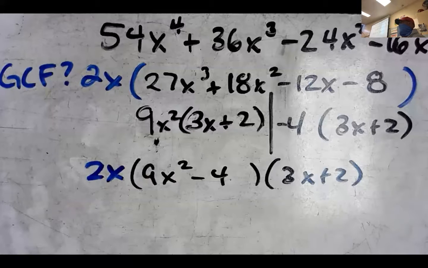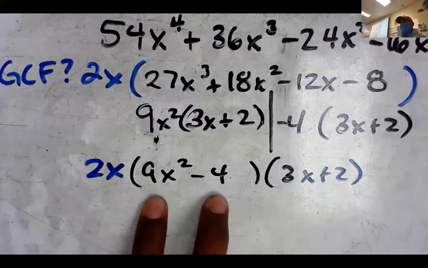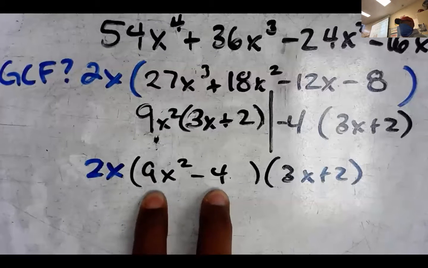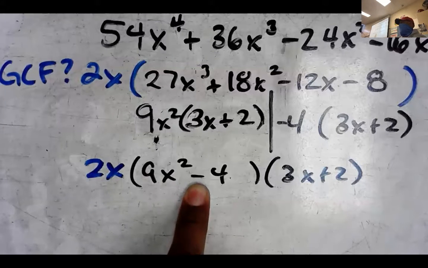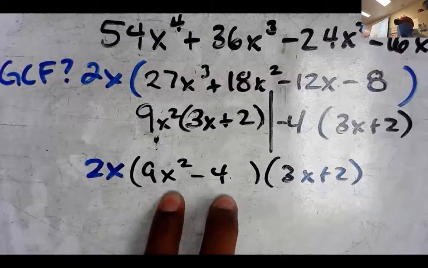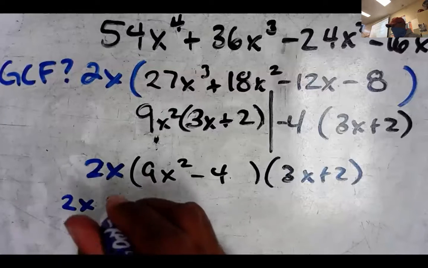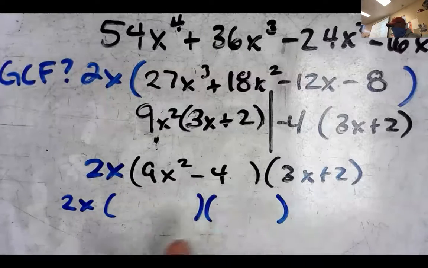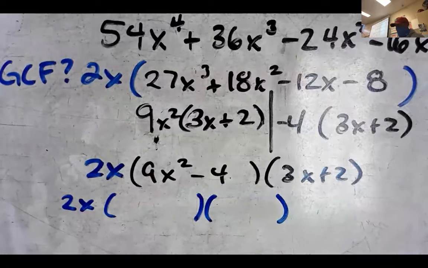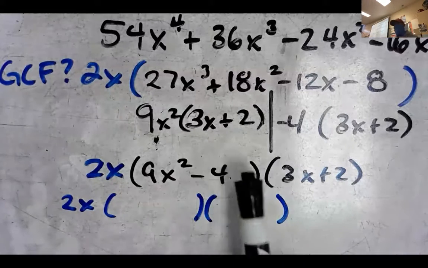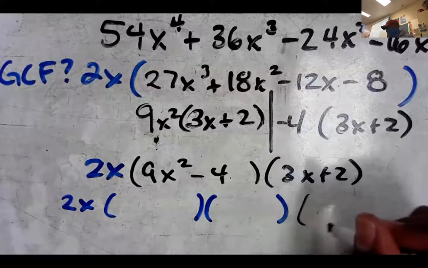Which ones? Yes, those two numbers are perfect squares, and look, they're subtracted. So I can do that shortcut to actually factor this part out even more. So now I'm going to rewrite that 2x, and these are about to be factored into 2 separate factors. Now the 3x plus 2, I can't do anything with that, so that just remains the same.